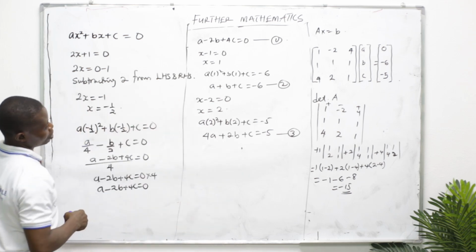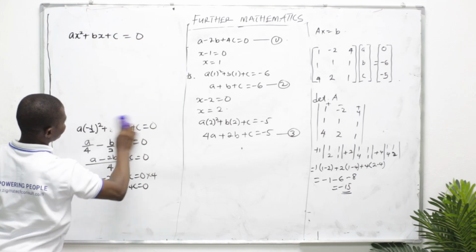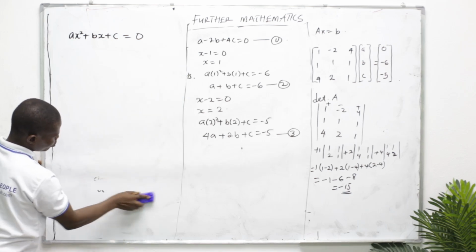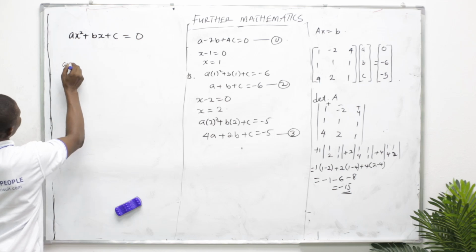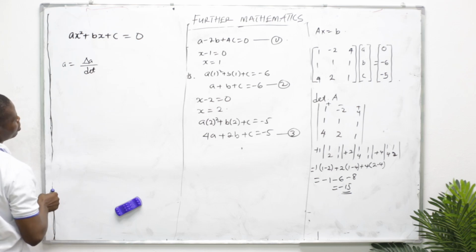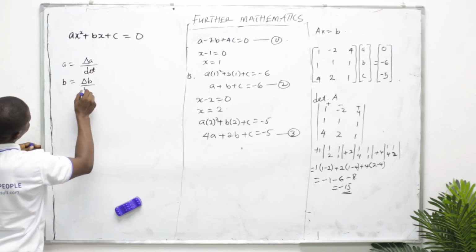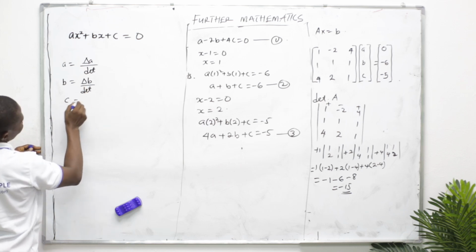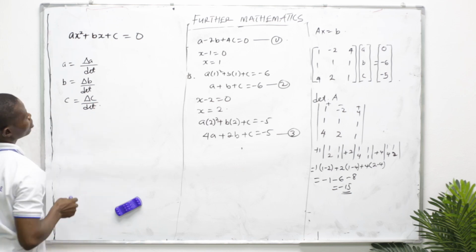Coming back to this side, to get the value of a equals change in a all over determinant. Likewise b, change in b all over determinant, and c, change in c all over determinant.